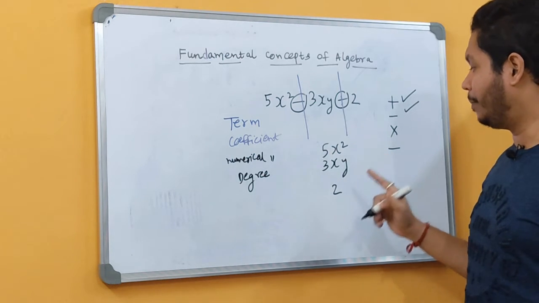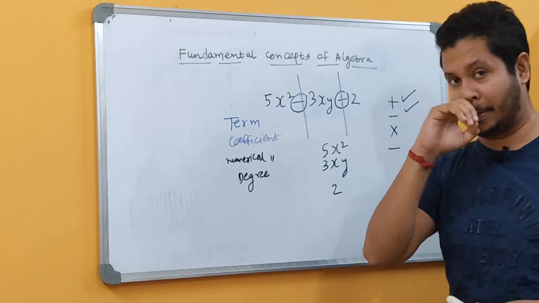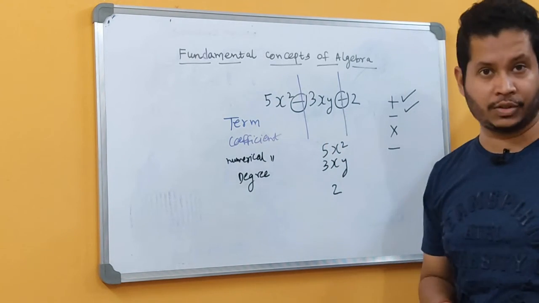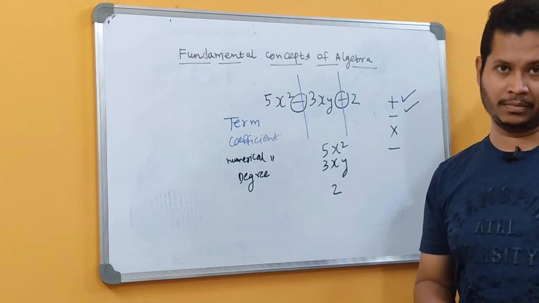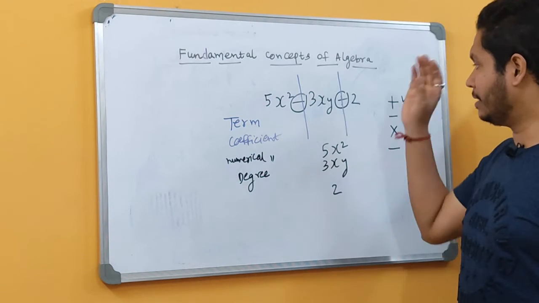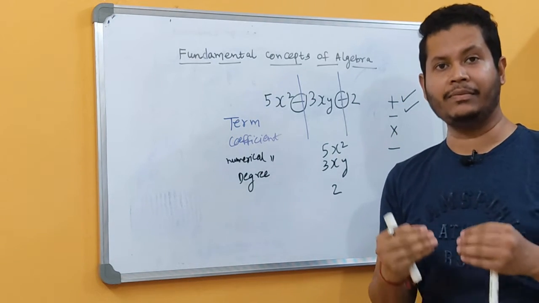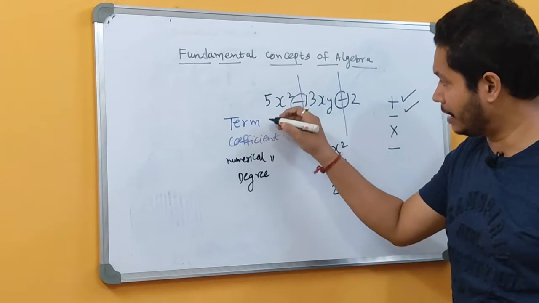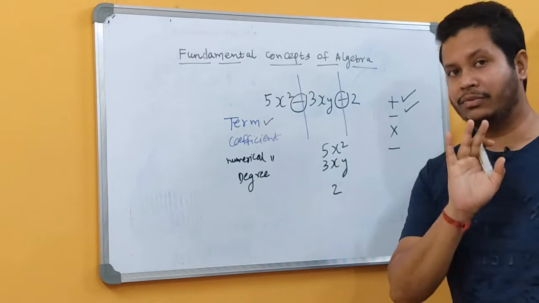These individual parts, obtained by breaking the expression with the help of addition and subtraction operators, are called terms. In this way we decide how many terms an algebraic expression has. So I guess term is clear now. In this expression we have three terms.